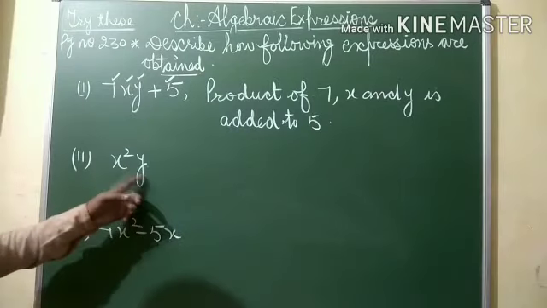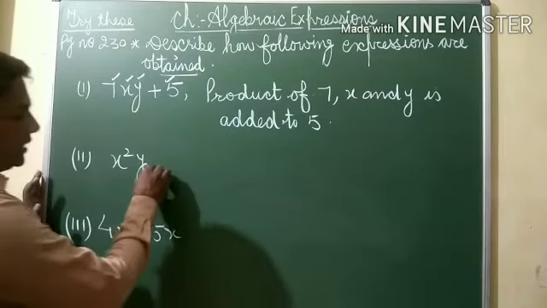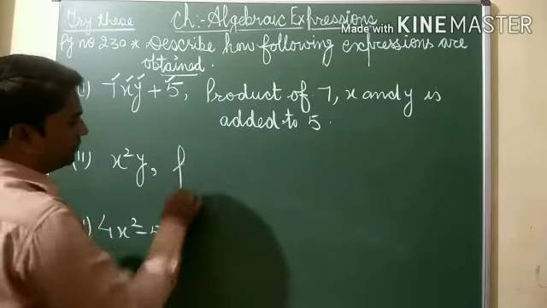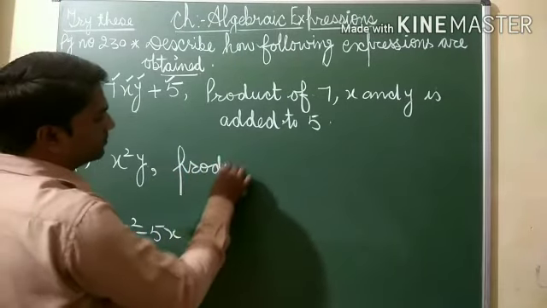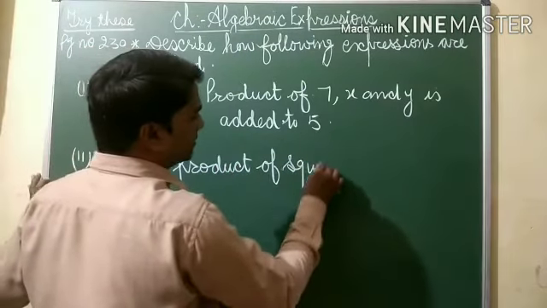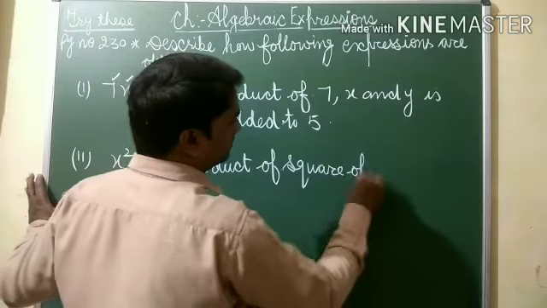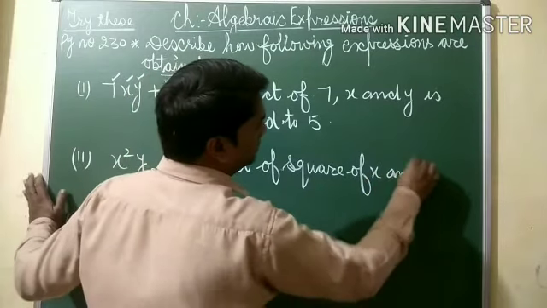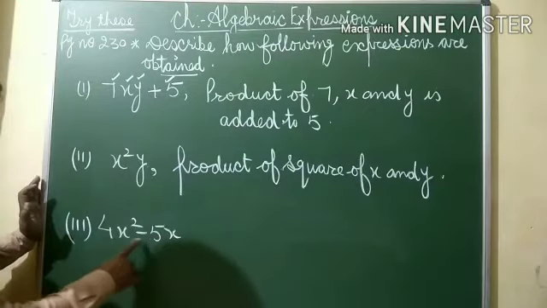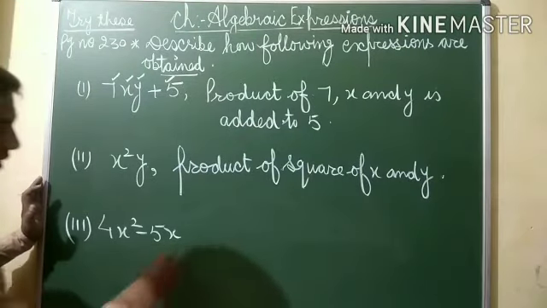Next is x square y. This expression can be stated as the product of the square of x and y. Next is 4x square minus 5x.